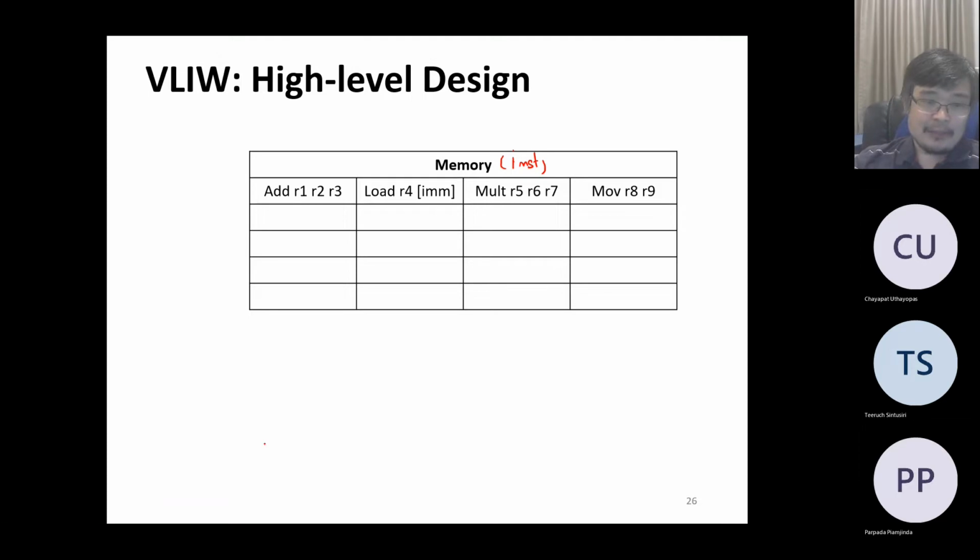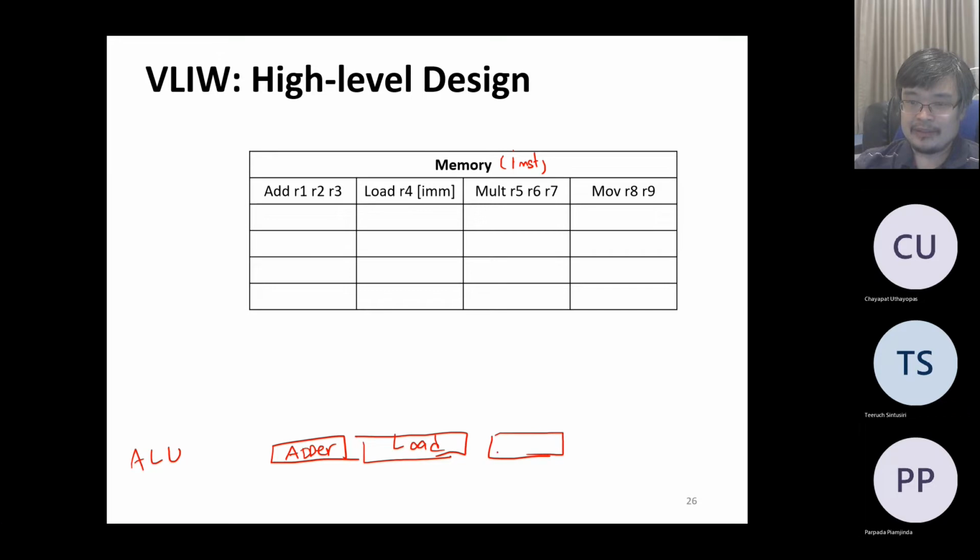And then down here, my ALU would look like this. I have one adder. I have a load unit. I have a multiplier. And I have the unit that controls data movement, right?